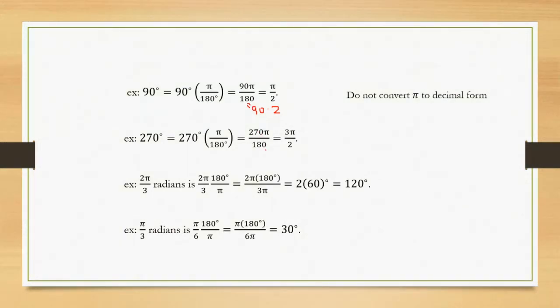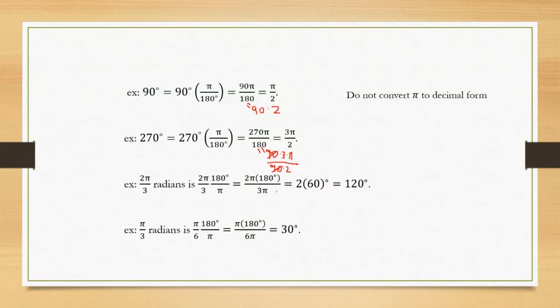Here, what we have is 90 times 3 times pi, all over 90 times 2. Now you can see that the 90s are going to cancel, and you're left with 3 pi over 2.